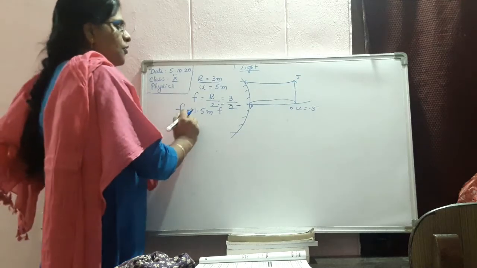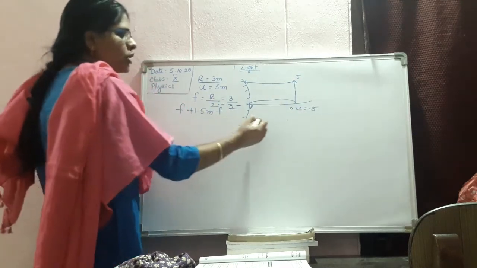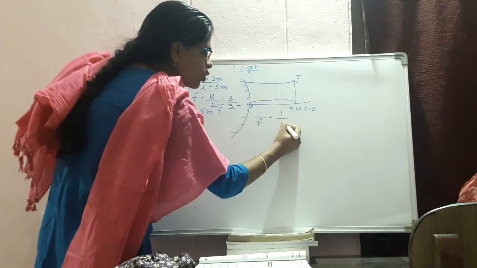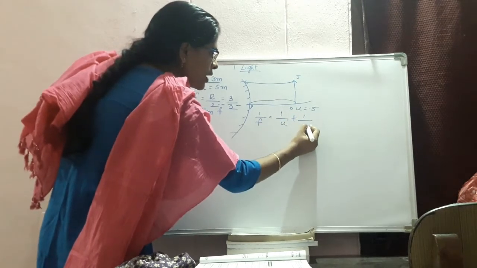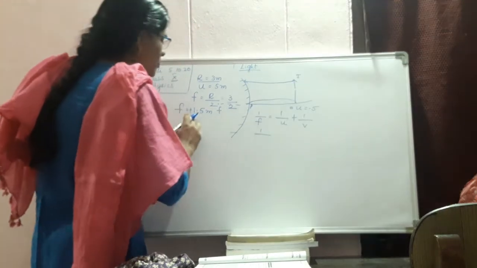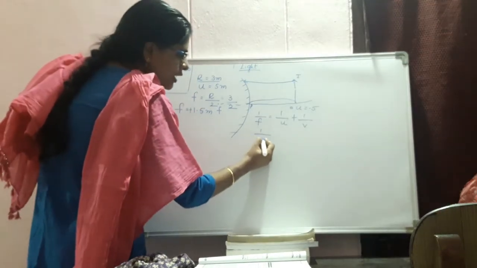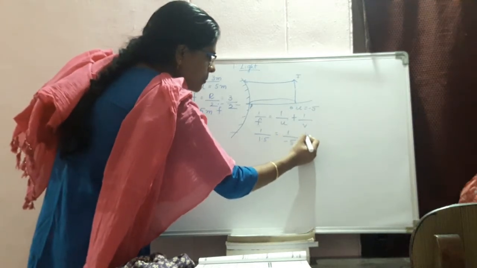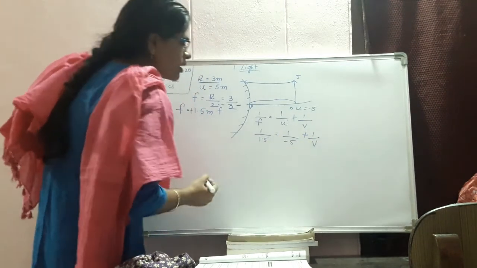Now you have f and u. Substitute in the formula: 1 by f equal to 1 by u plus 1 by v. 1 by f, which is 1.5, is equal to 1 by minus 5 plus 1 by v.